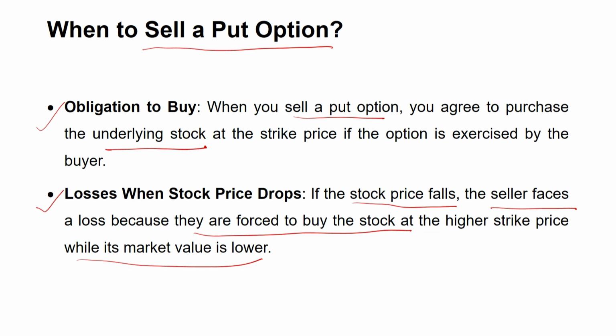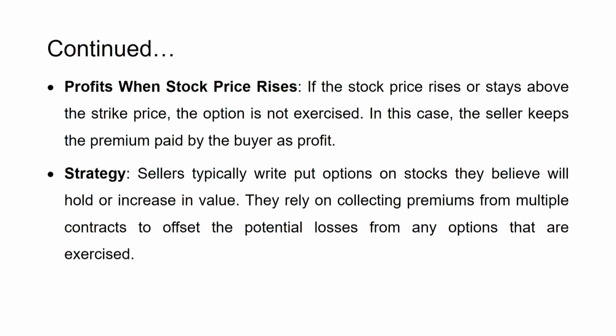So in these conditions, we need to sell a put option, as well as when profits arise when the stock prices are rising. So if the stock prices are rising and stay above the strike price, the option is not exercised, and in this case also the seller can keep the premium as a profit on the particular contract. Then next is strategy.